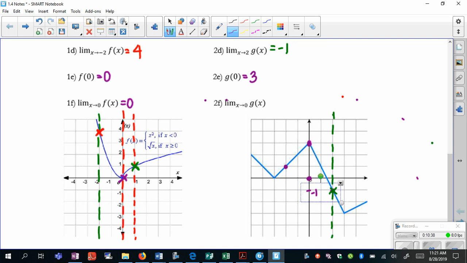And then when I go back to the origin here and I'm looking at x equals 0, I'm approaching from the right-hand side, the limit is 3. As I approach from the left-hand side, the limit is also 3. Y value has to be the same. And I should have had this labeled, but this function here is g of x. And of course, we used that the whole time, but we really should have had it labeled.